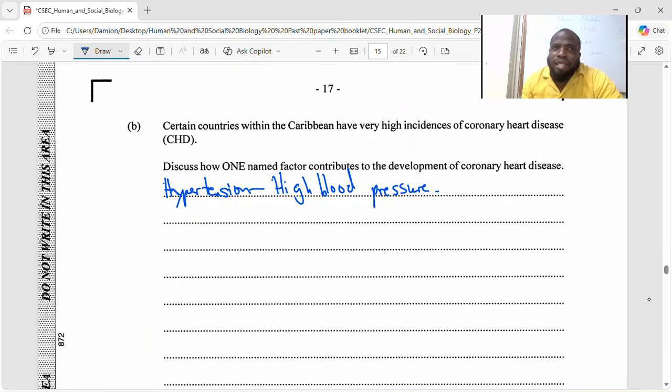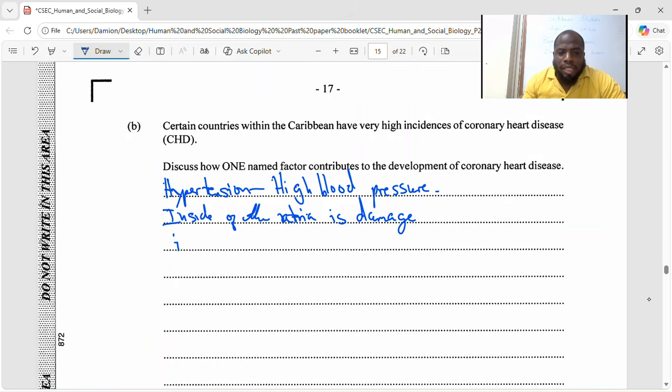With high blood pressure, it puts pressure on the inside of your vessels, so it gets damaged due to the pressure that is happening in your blood.